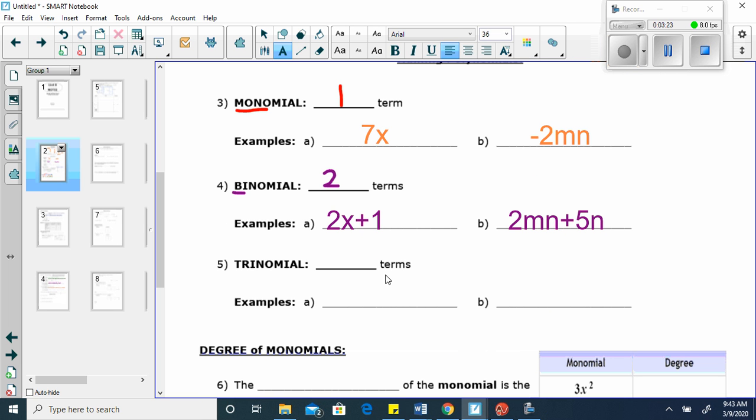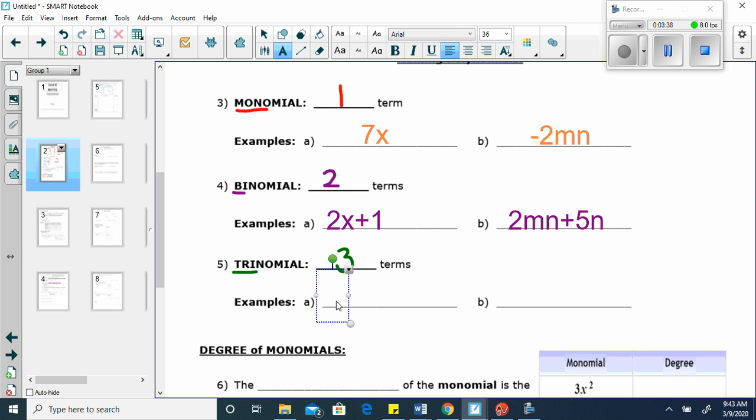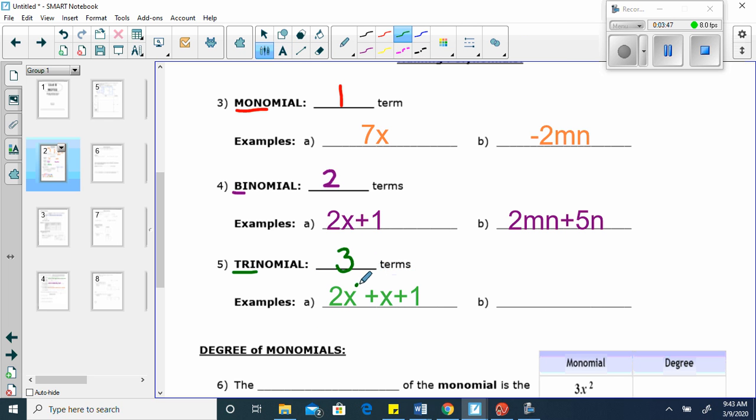A trinomial. What does tri mean? 3. So a trinomial has 3 terms. Some examples of this are actually what we just took a test on, which is 2x squared plus x plus 1. What type of function is this? A quadratic.